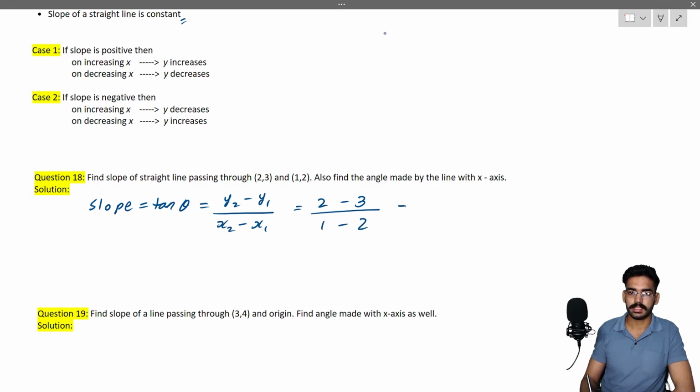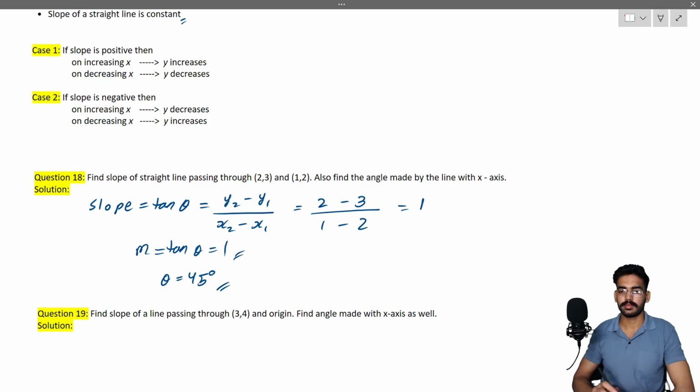So this came as minus 1 by minus 1, that is 1. So tan theta equals 1, and tan theta is the slope, so the slope we calculated is 1, and if tan theta equals 1, then theta equals 45 degrees. So these are the two things we calculated. I hope you have got this.